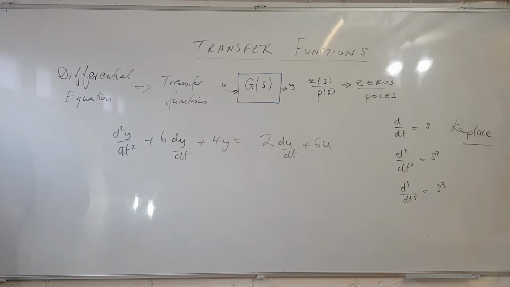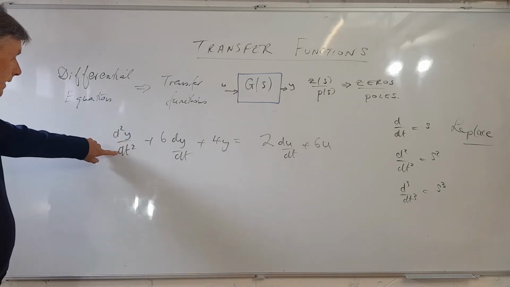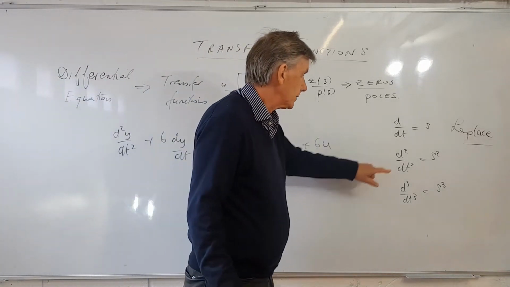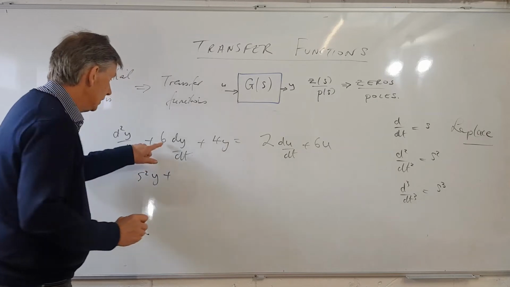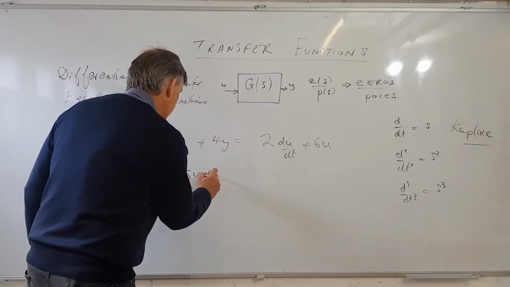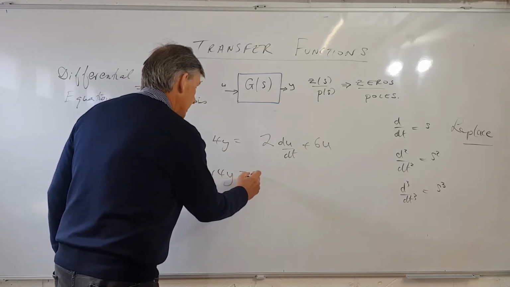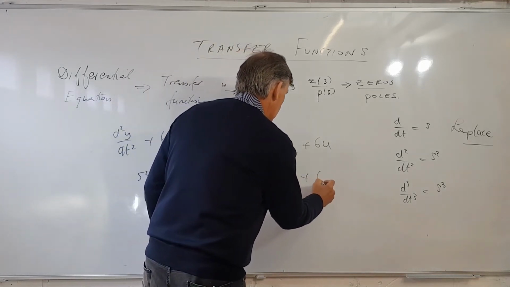So I'm just going to do this one for you. So the first thing is, d2 is s squared, so it's going to be s squared y, plus 6 dy by dt is going to be 6sy, plus 4y is 2 du by dt will be 2su plus 6u.